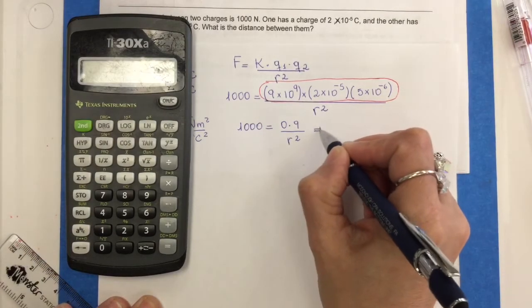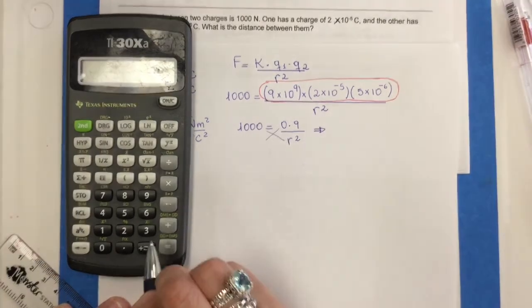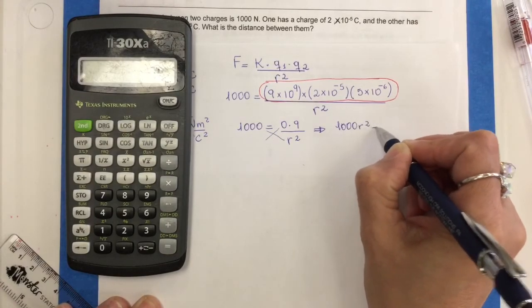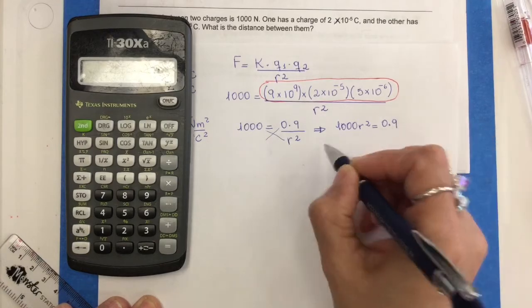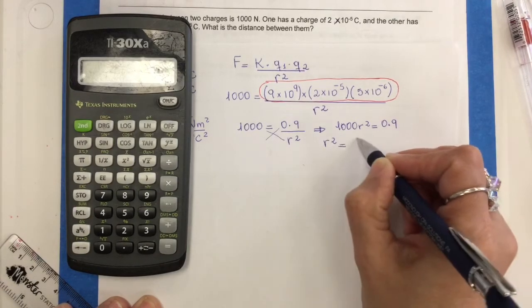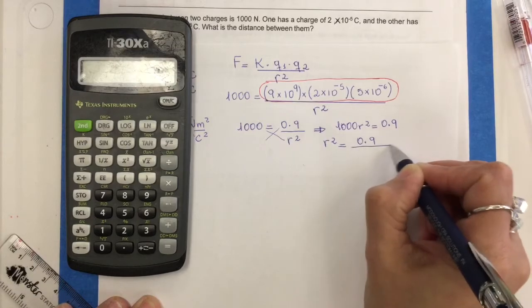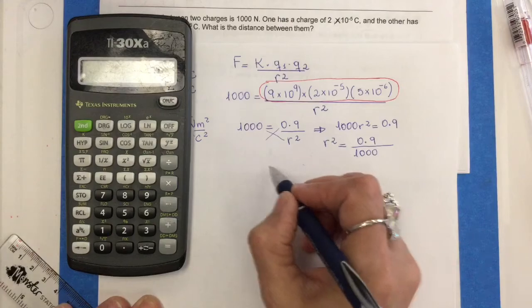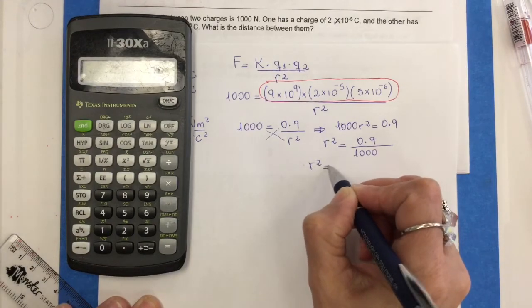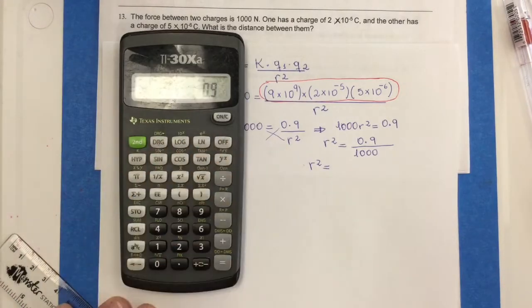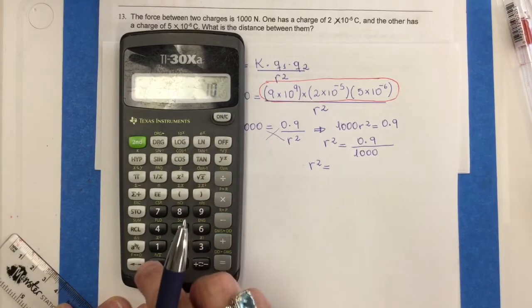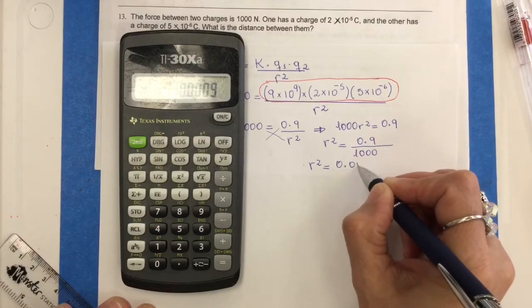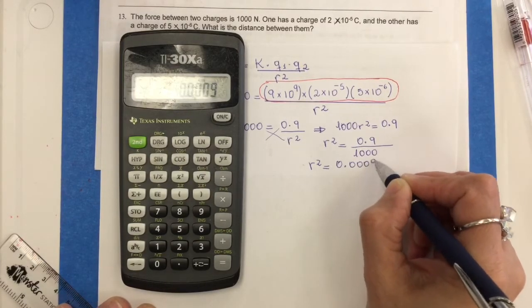Now we are going to do a cross multiplication here. So we have 1000 R squared equals 0.9. So R squared is 0.9 divided by 1000, so you divide both terms by 1000. That is 0.0009.